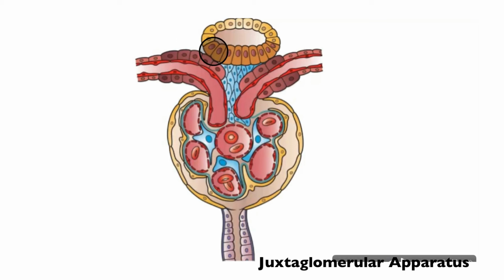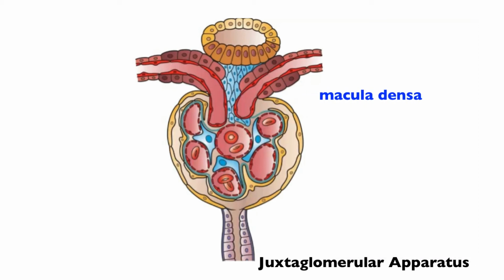So lining this portion of the distal convoluted tubule, and I realize I may have said distal convoluted tubule twice. It's really the top part or the distal end of the loop of Henle as it's entering the distal convoluted tubule, this being the lumen. This portion of the tube is lined by specialized epithelial cells that create the macula densa.